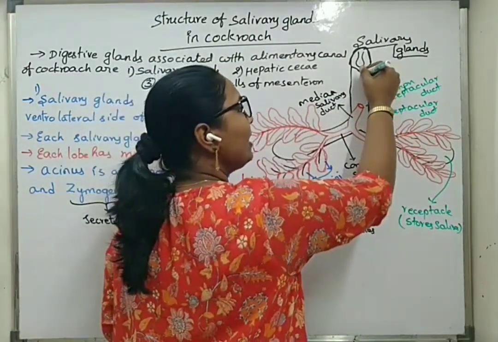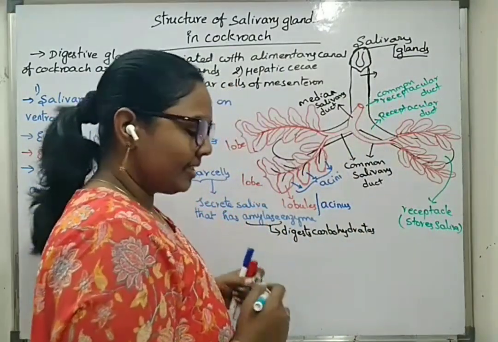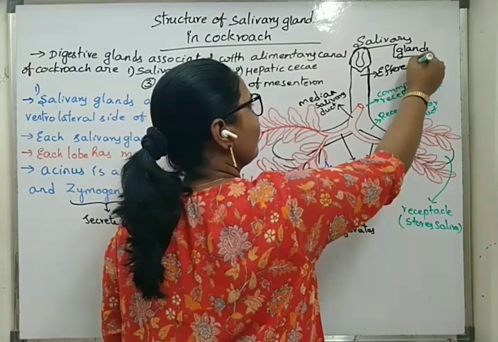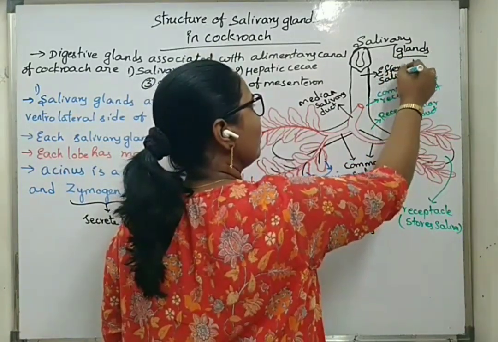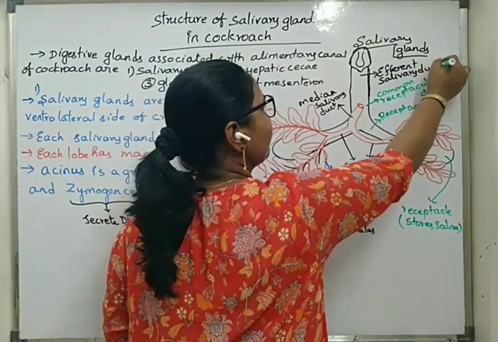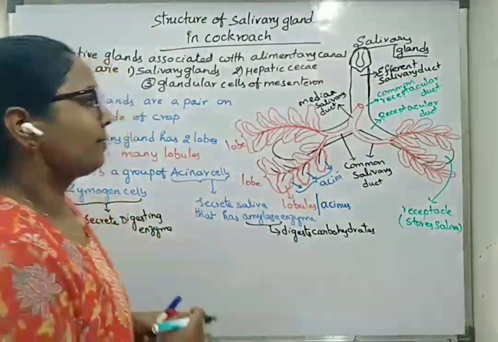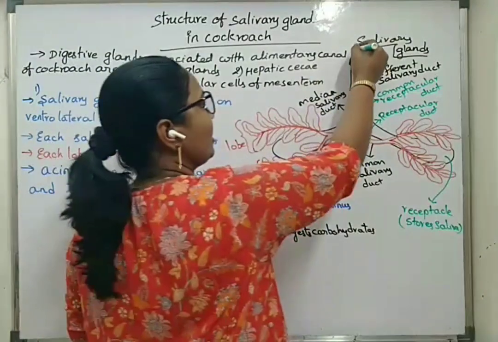Both of them combinedly open into efferent salivary duct. Efferent salivary duct opens into hypopharynx. So this structure is hypopharynx.